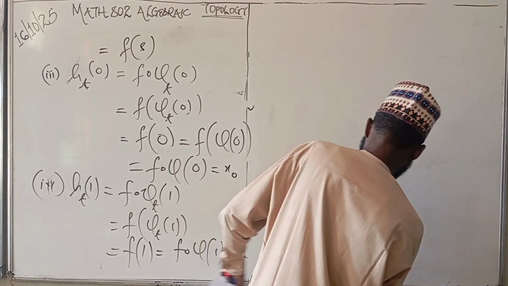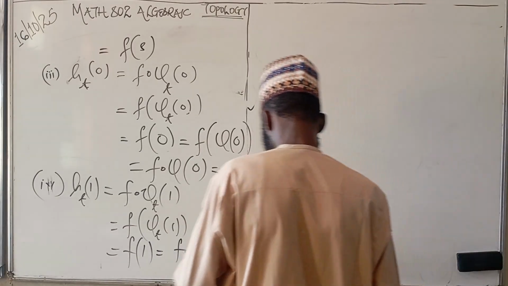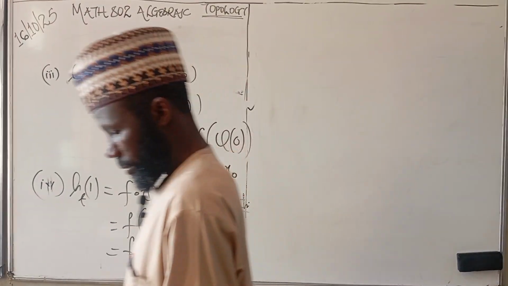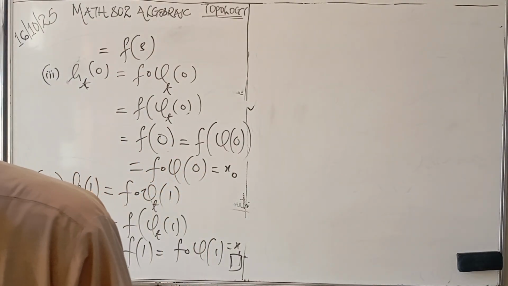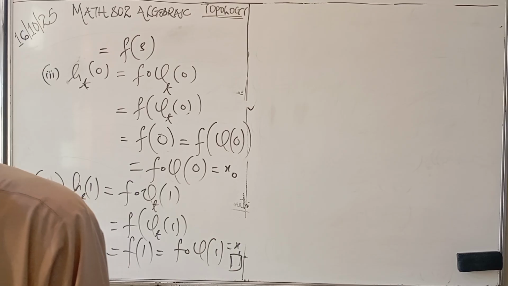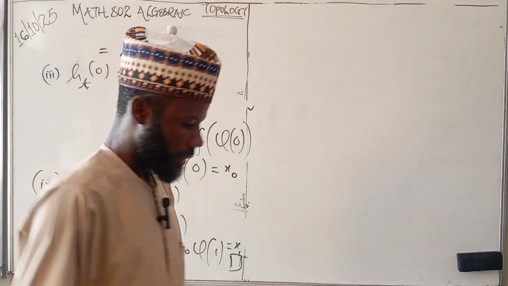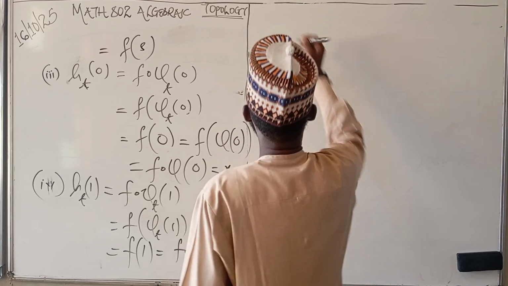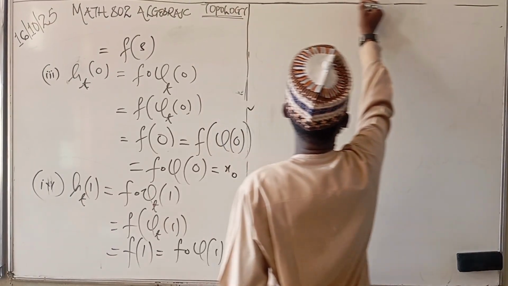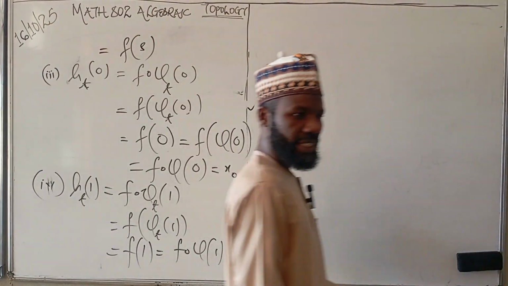Okay then. So with this, we can look at this relation of being path homotopic. The relation of being path homotopic is also an equivalence relation.